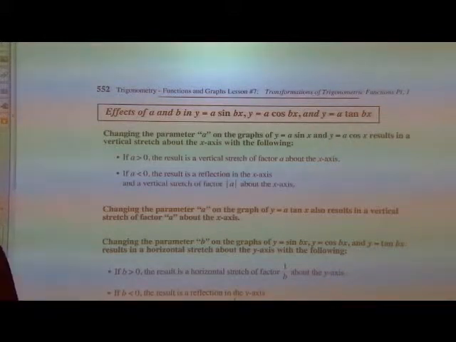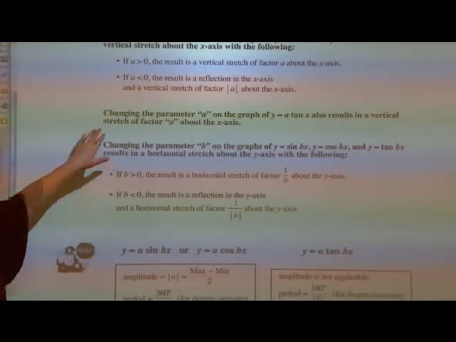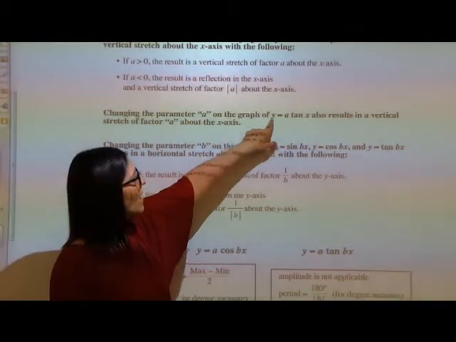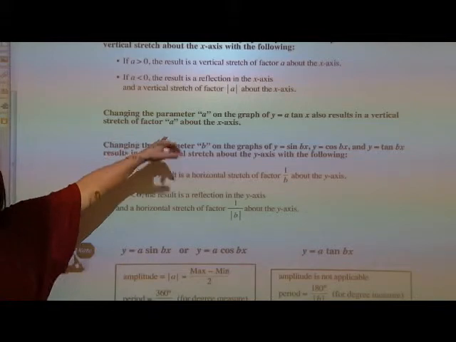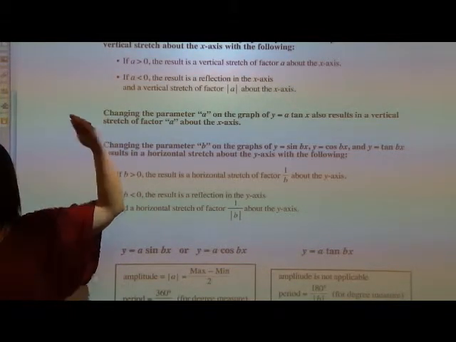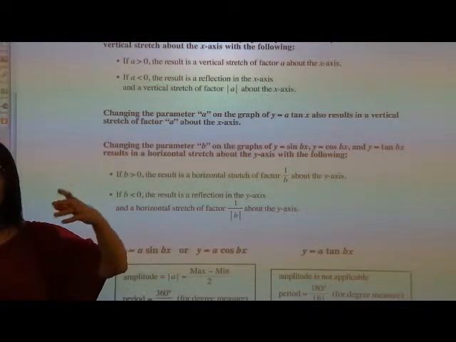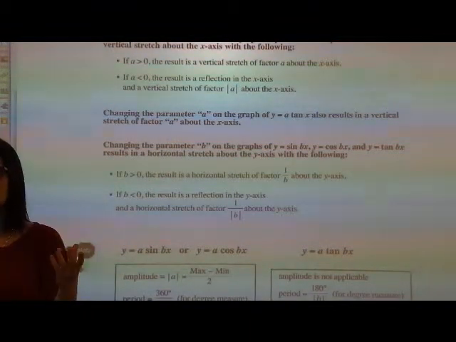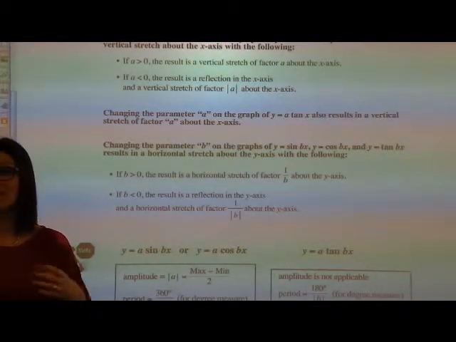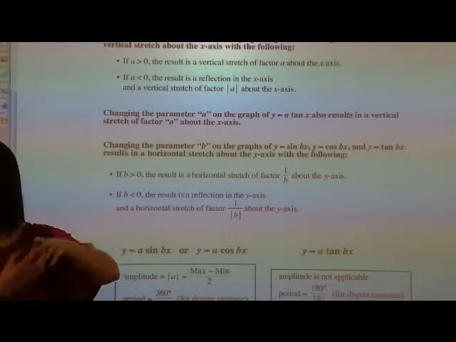And we talked earlier about the order doesn't matter. Changing the parameter A also results in a vertical stretch for tan. It's just not recorded as an amplitude.